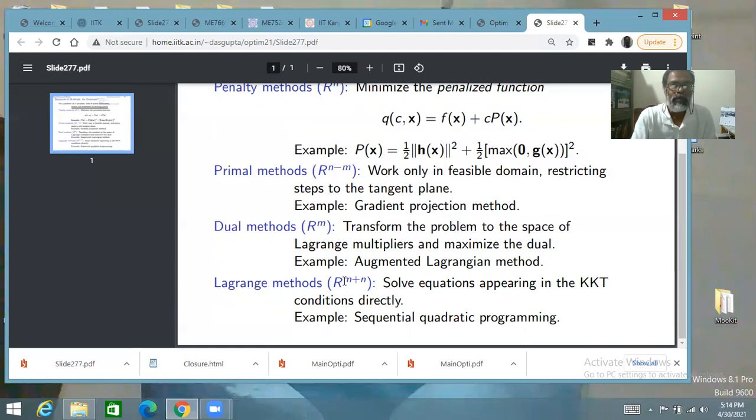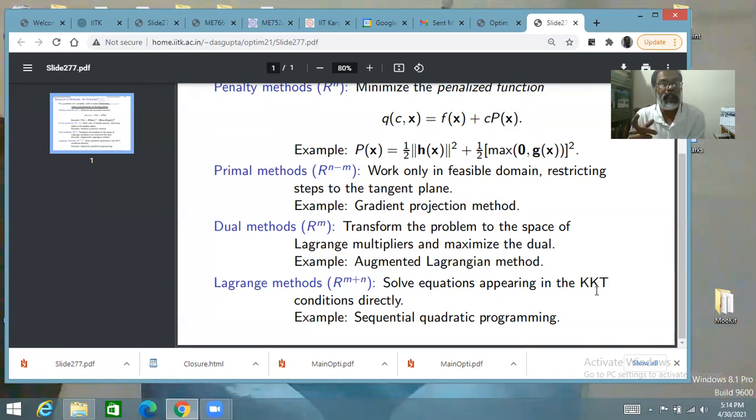Now, basically, Lagrange methods try to solve the equations appearing in the KKT conditions directly, and the path to that solution of the KKT conditions is taken through some sort of descent steps so that at the end, the solution satisfies the inequalities involved there also, and also the second order conditions. So the descent steps are important.